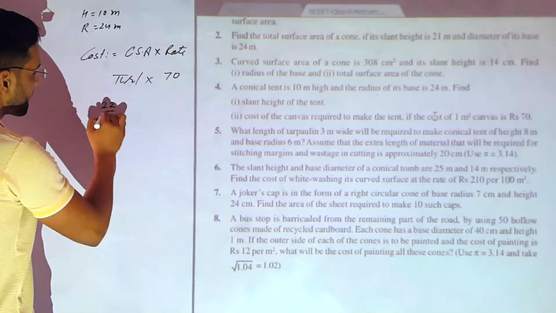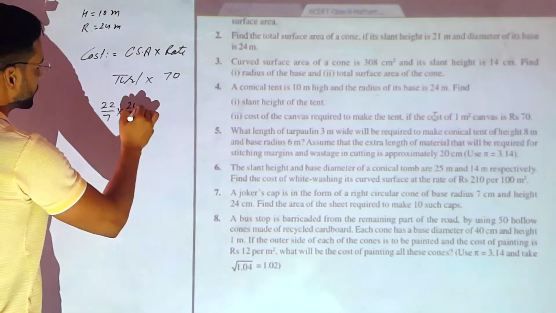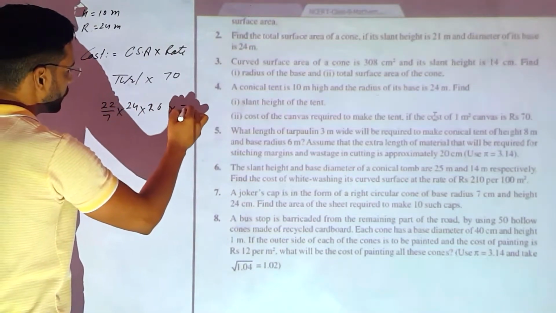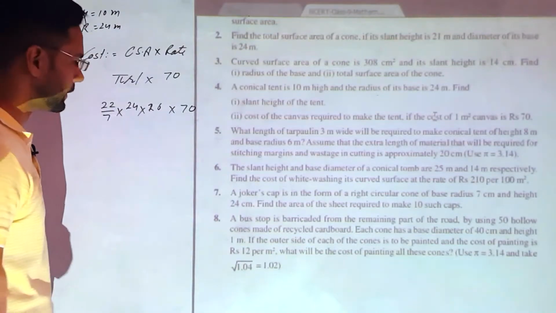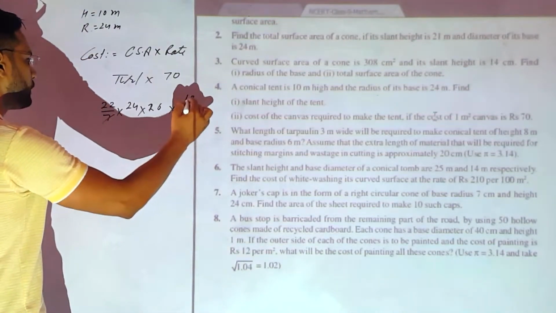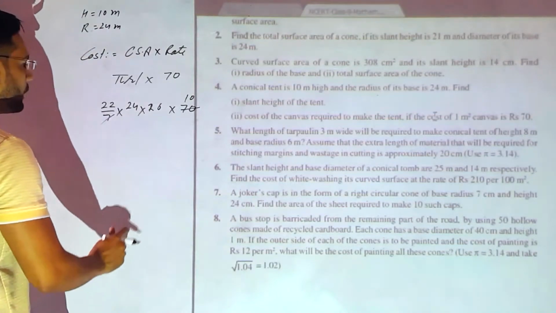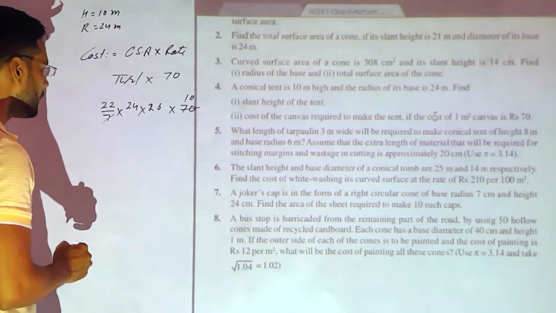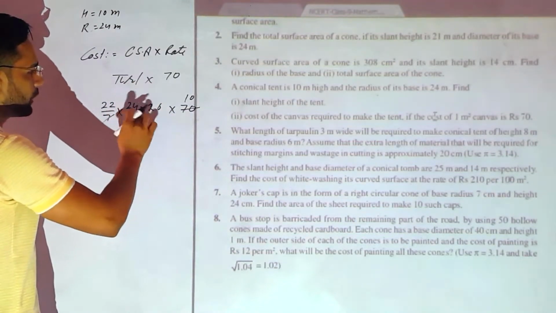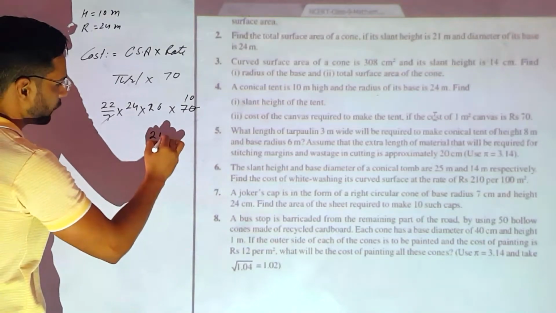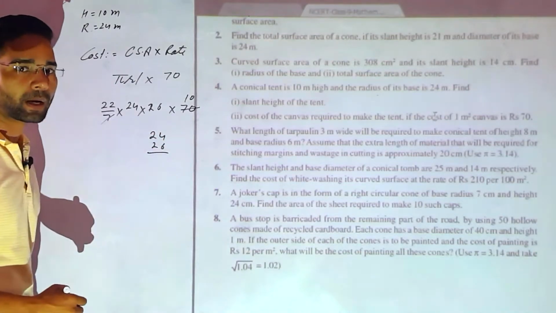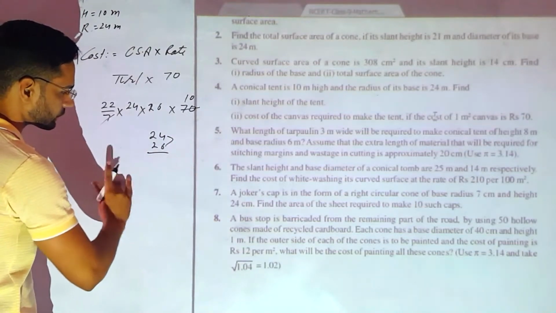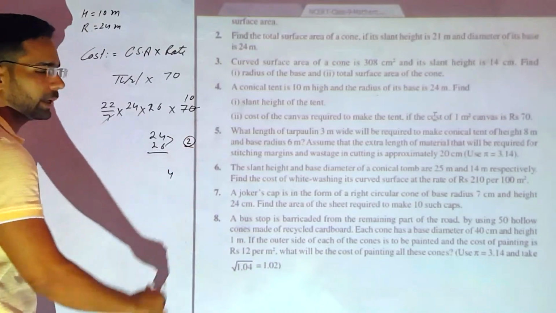Pi, R, L, 26 into 70. Cancel out from 10 time. Now multiplication by 22, 24, 26 and 10. First of all, we will multiply 24 and 26, by shortcut. 4 6 are 24, 2 carry.